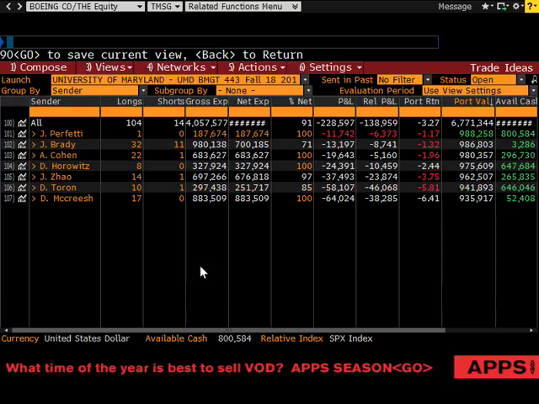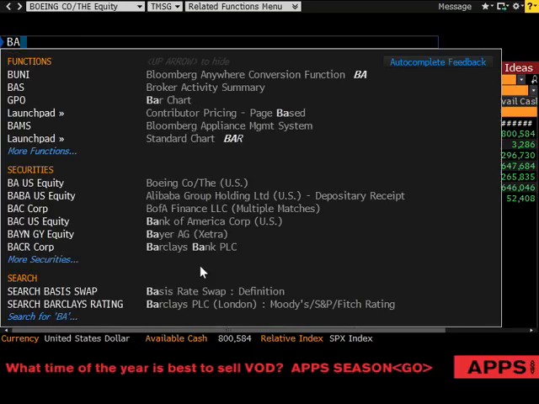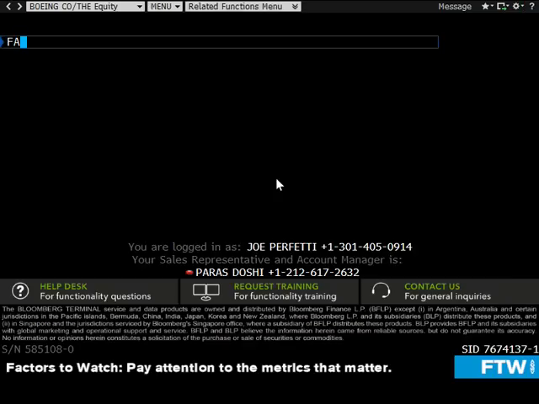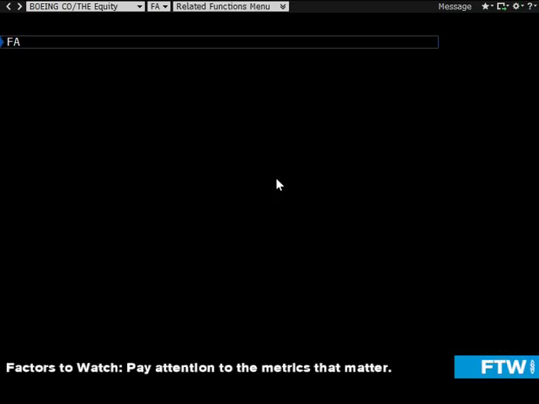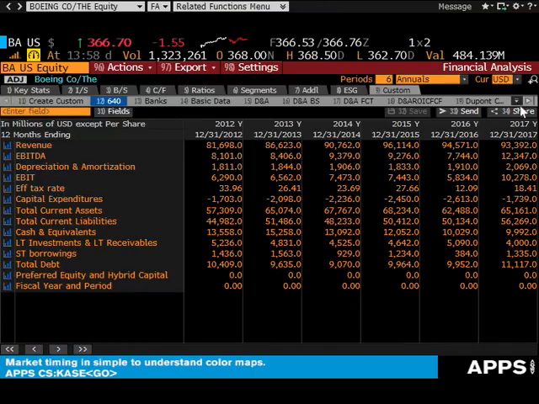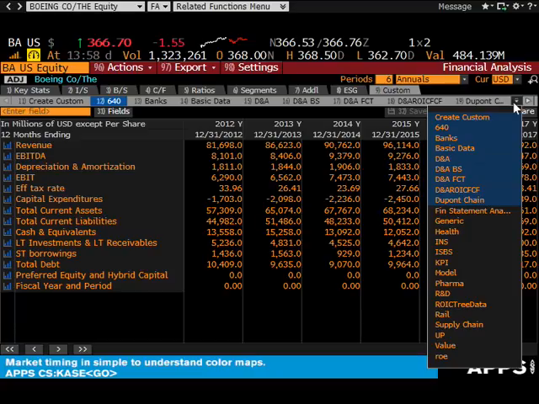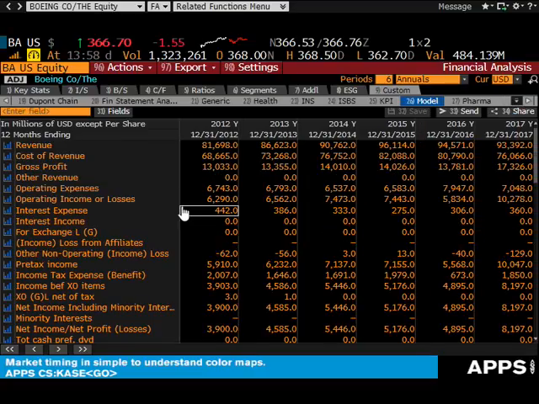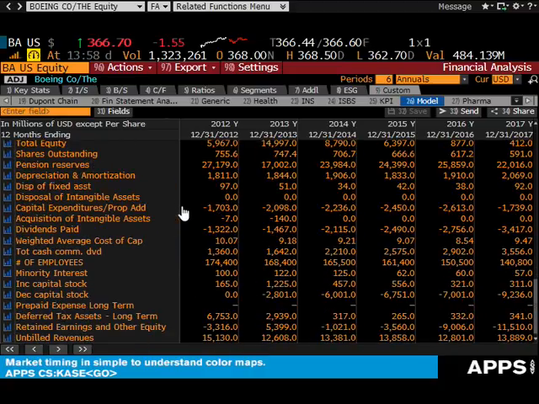So how do we handle this? Well, we'd have gone to Boeing, and under FA, what you should have done is you should have gone to your custom model template. So here was our model template. And the last line of the model template, you could have added here at the field.